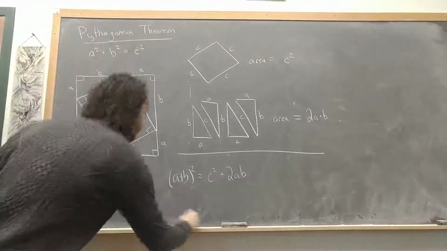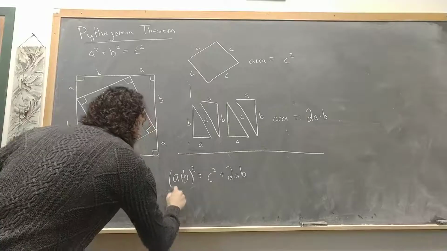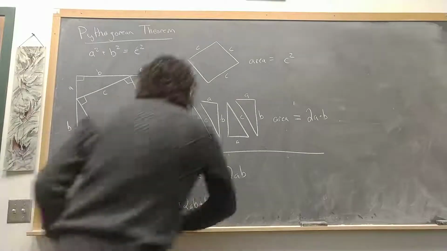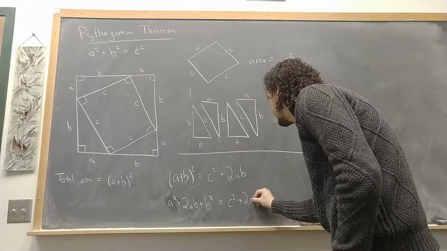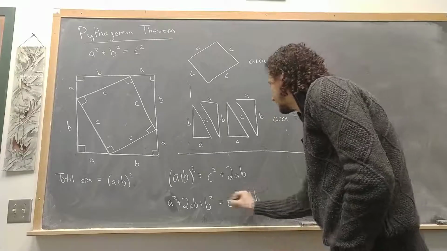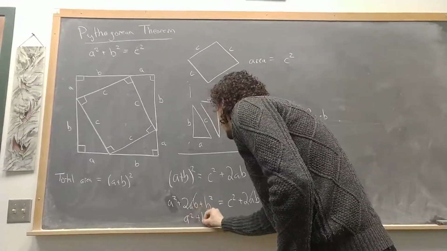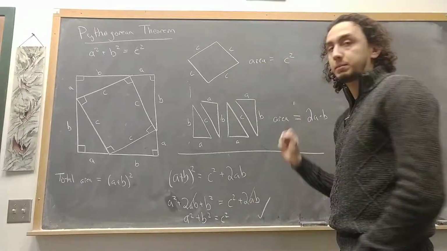Now A plus B squared is just A squared plus 2AB plus B squared. So that has to be equal to C squared plus 2AB. And from here, we get A squared plus B squared equals C squared, the Pythagorean theorem.